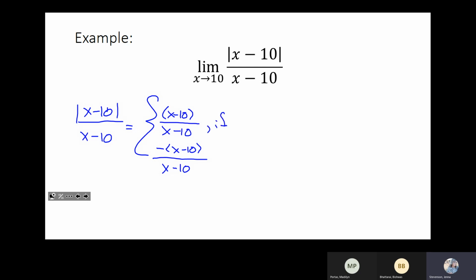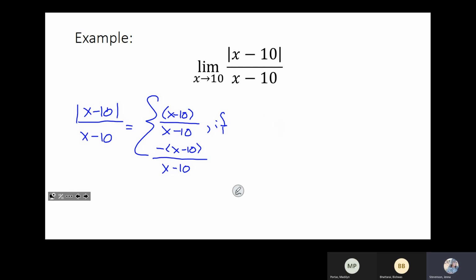Then we say if, for this one, our point is going to be when x minus 10 is greater than, and this is what I mean. This is something that I even make mistakes on. I can't have this equal to 0 because it's a non-permissible value.